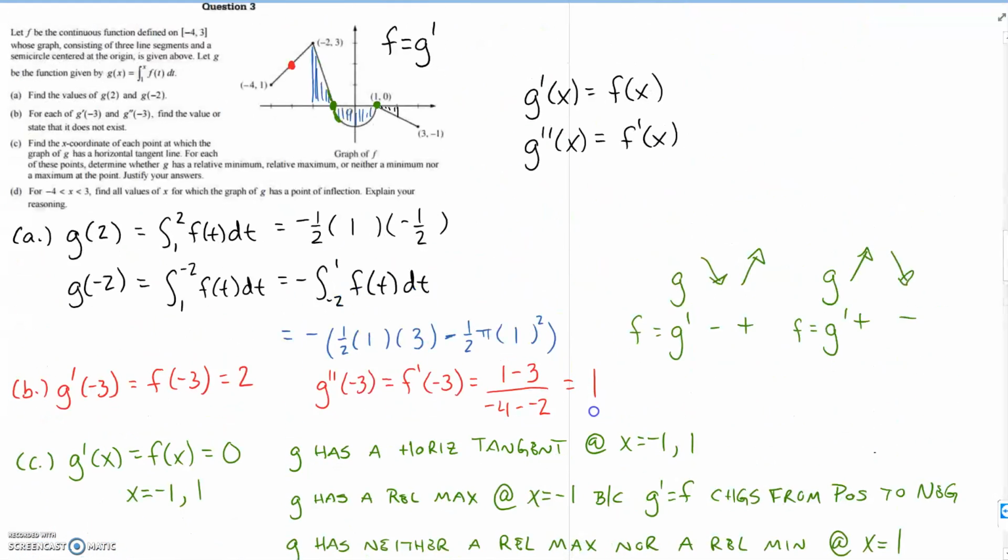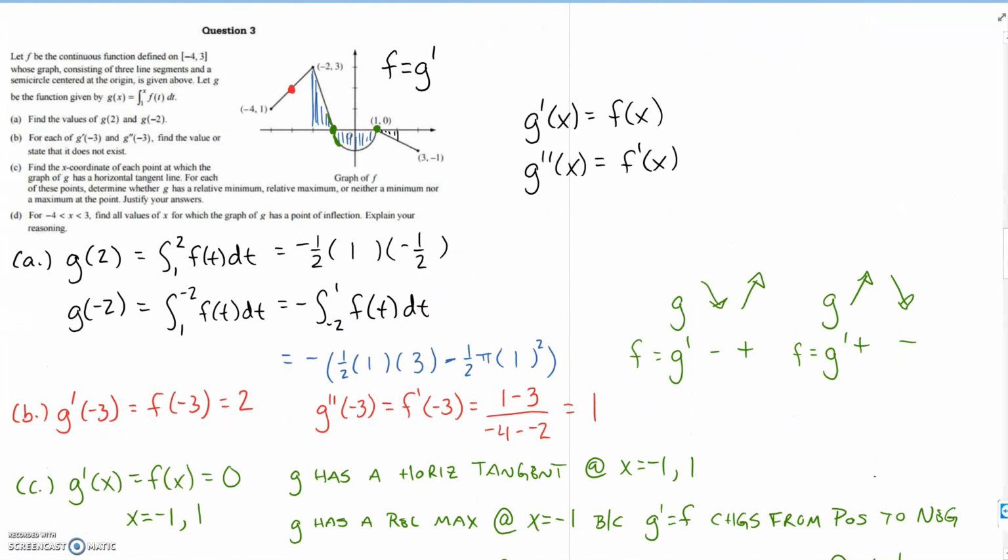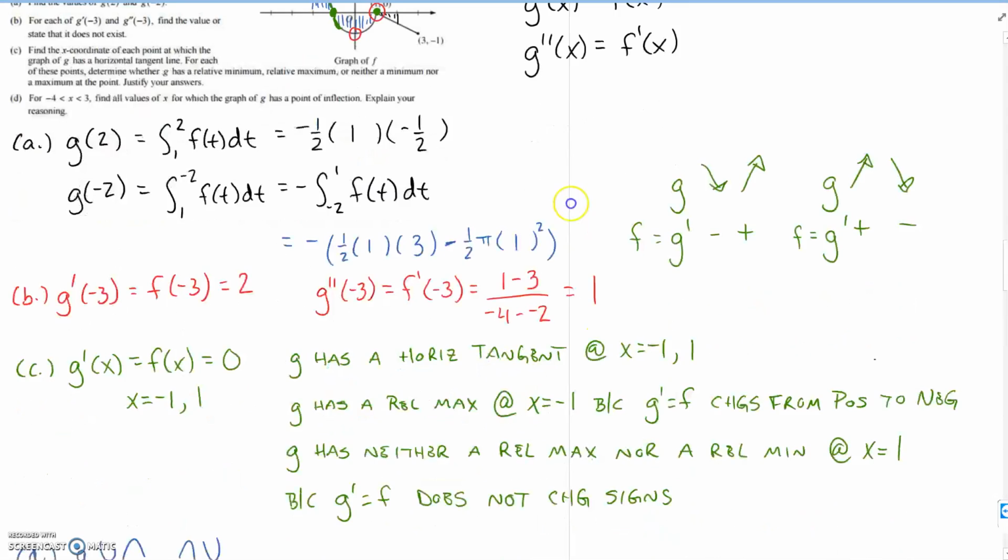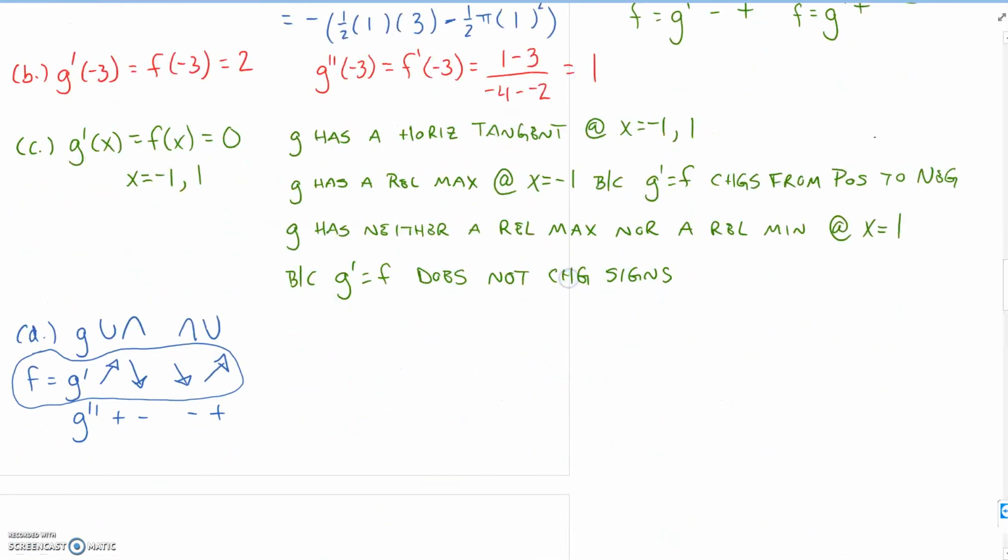Since I'm looking at the graph of f, these are the characteristics that I'm going to look for. Looking at the graph of f, here is one place where I'm changing from increasing to decreasing. Here's another place where I'm changing from decreasing to increasing. And one more place where I'm changing from increasing to decreasing. So 3 points of inflection. X equals -2, x equals 0, x equals 1.